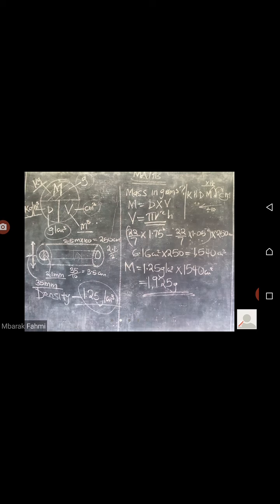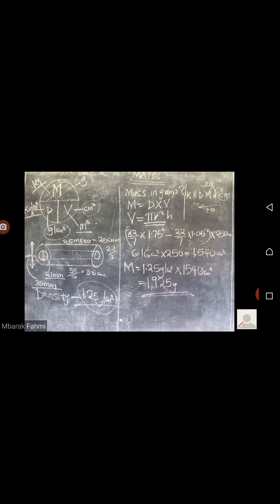Okay, so that is what is expected. For any question that will be involving density, mass, and volume, you just need to work it out in that manner. And there are so many questions involved in that, because that part is very much tested.